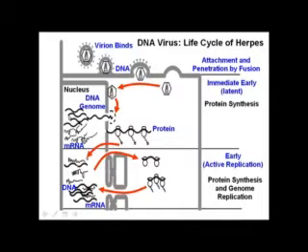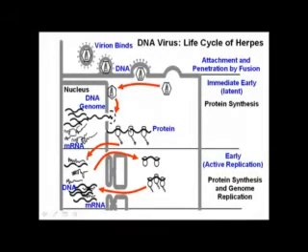So initially, we are going to get messenger RNAs, so we're going to get transcription from the DNA strand, and we're going to move back out into the cytoplasm so our ribosomes can hop on and we can start getting some early protein synthesis. All right? That early protein synthesis and intermediate protein synthesis that's going on are all making enzymes and proteins that are helpful for the virus to replicate.